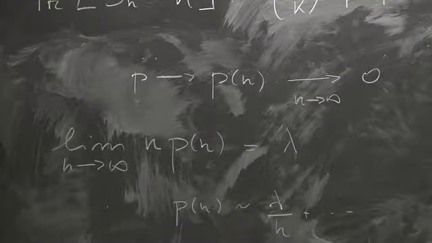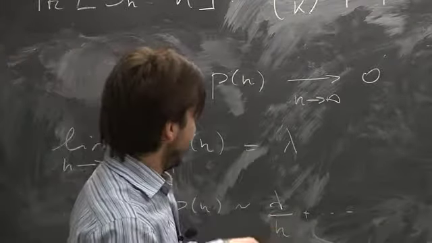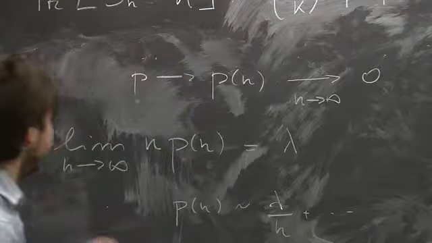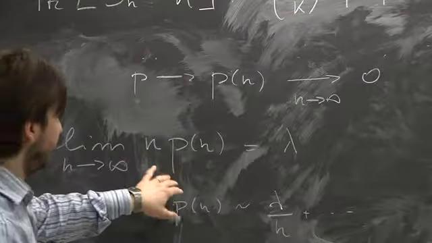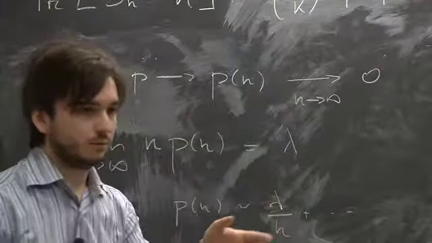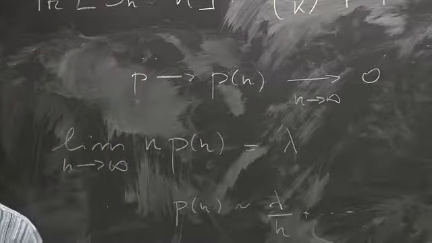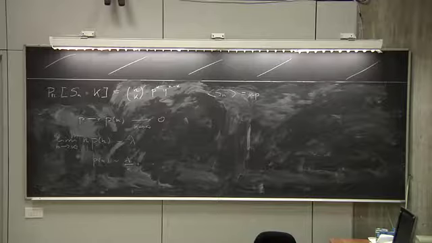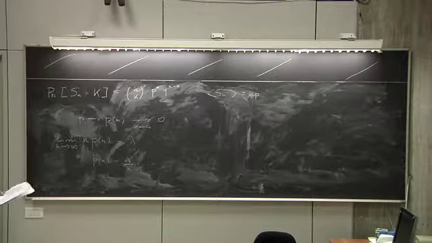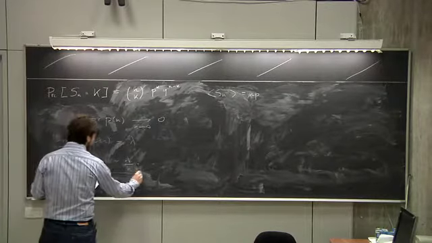So this is the case we're discussing. P goes like lambda over n. This limit is finite, but P, when n approaches infinity, goes to 0. In this way. So keep in mind this result.